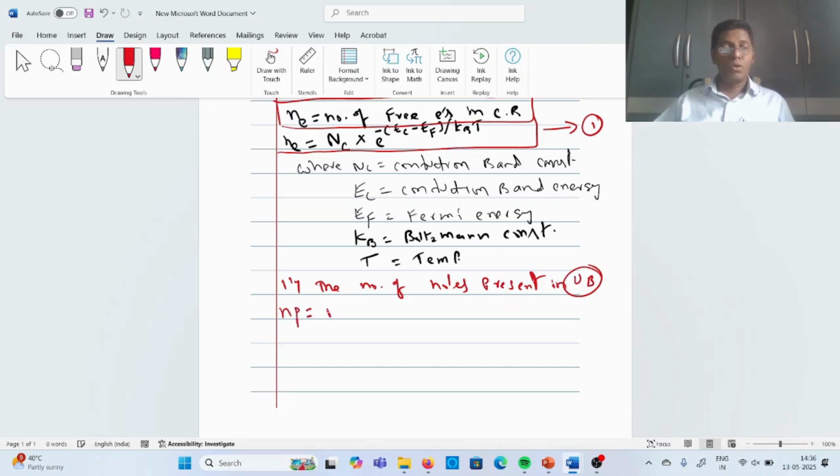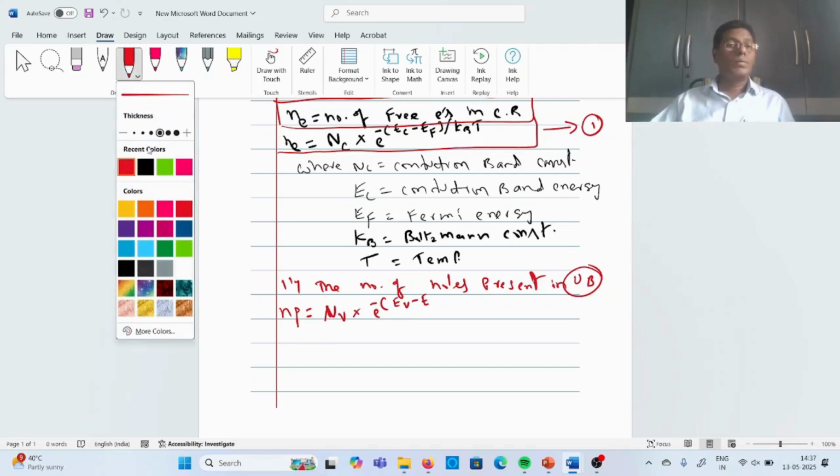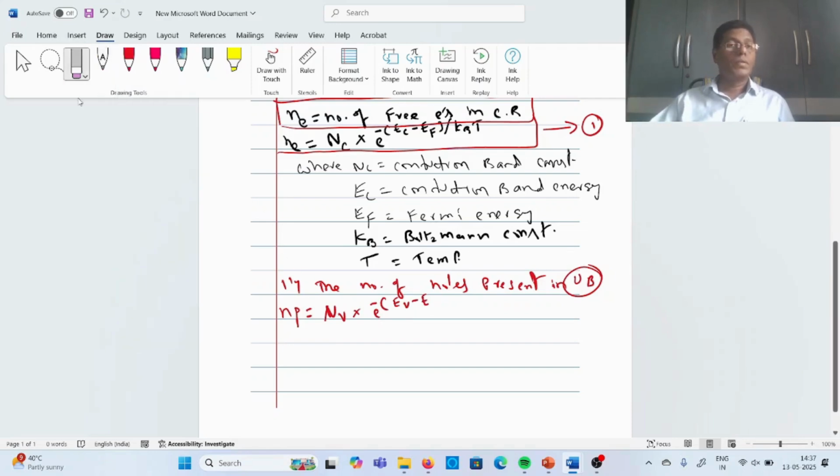Np is equal to Nv into e power of minus. What is the meaning of Np? Number of holes in the valency band, and Ne is the number of electrons in the conduction band.